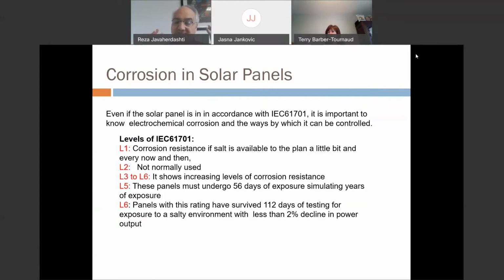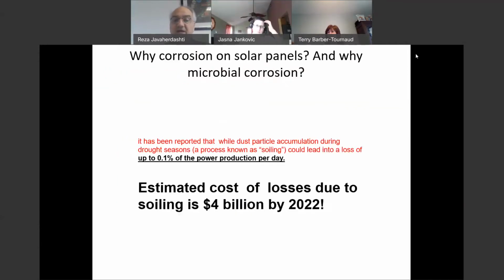So you basically expose your panel to an environment with a lot of salt in it for 12 days, and then you measure that even if you have such severe conditions, the loss in power output will not exceed 2%. Most PV solar panels that are being used these days do have the level 6 standard.